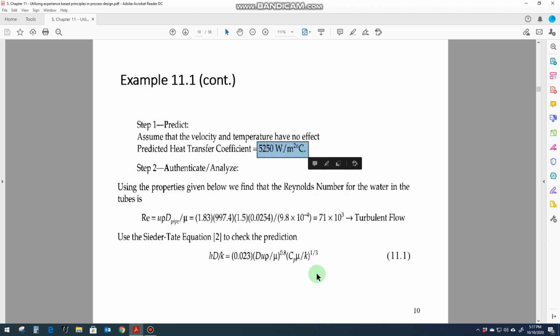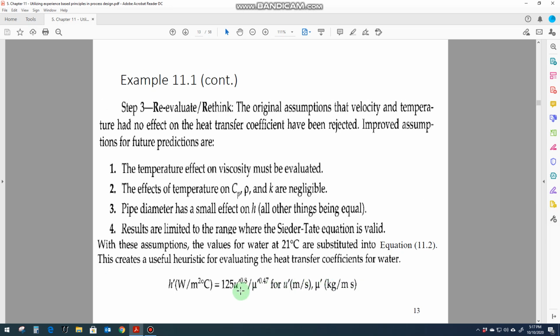For this system, we have developed this new shortcut equation that can be used to analyze the heat transfer coefficient and how it can change for water. For any system, if you put in the old values or the new values, you would get nearly the correct value that we initially estimated from the real equations.